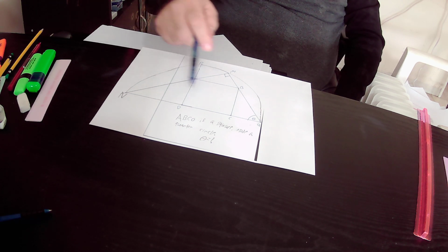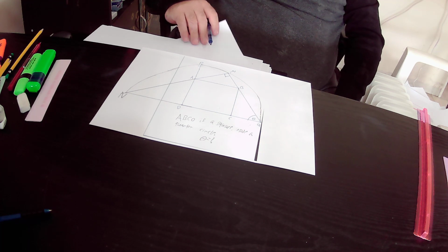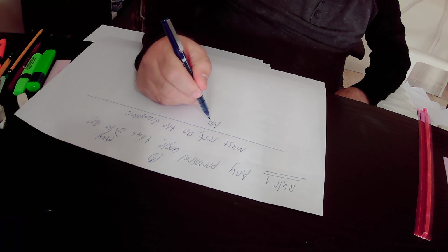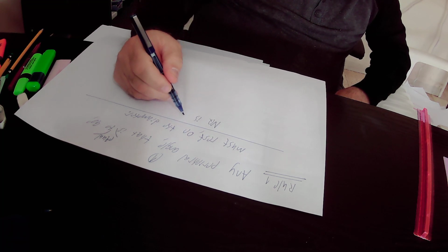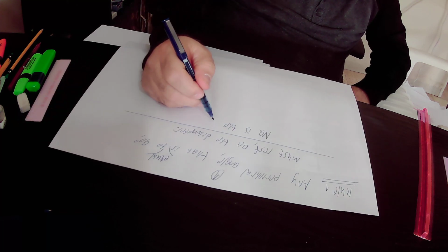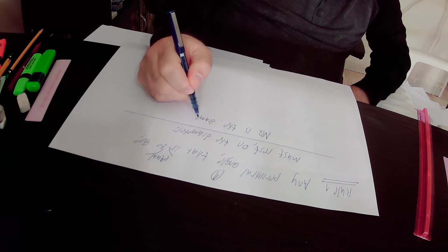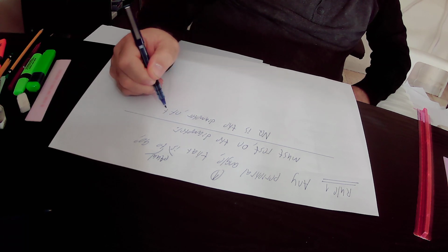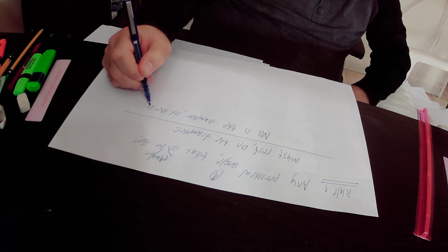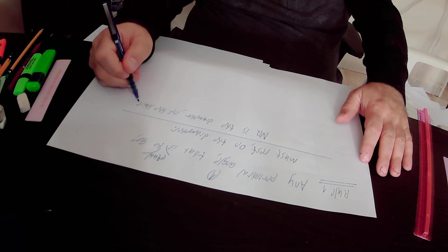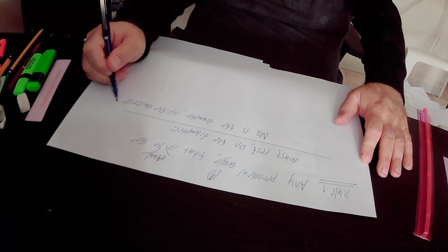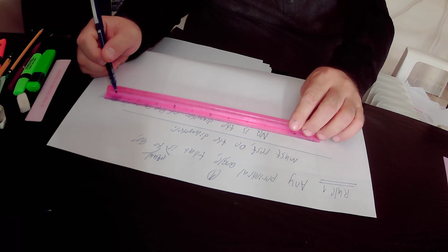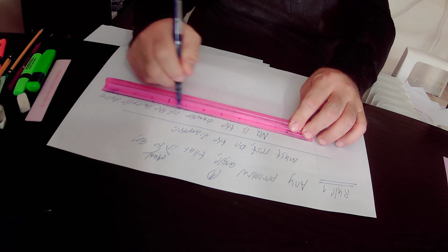That is to say, NQ is the diameter of the semicircle according to rule number 1.